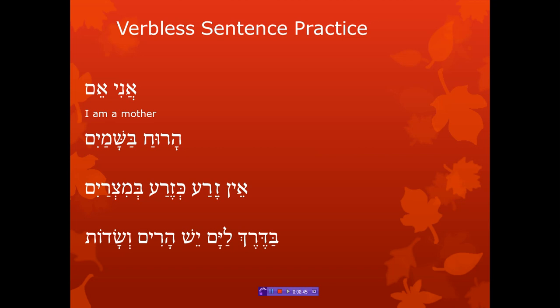Haruach bashamayim. That's the next one. Okay, so we have here the definite article ha. And then ruach is a word for wind or spirit. So we have haruach meaning the spirit, bashamayim. Okay, so the bet here being the preposition with the patach beneath it.